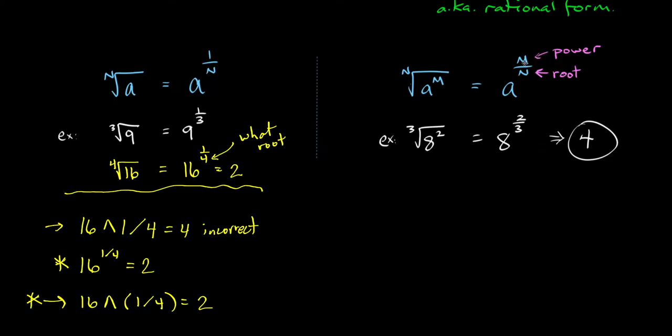The top number stands for what power it should be taken to, as well as the root. And I know it's kind of hard for me to say power, exponent, they're kind of interchangeable. So say in this example, if I had the cube root of 8 squared, I could write this as 8 to the 2/3.